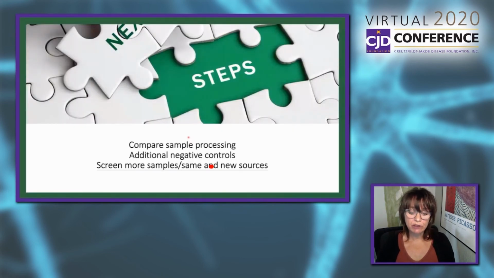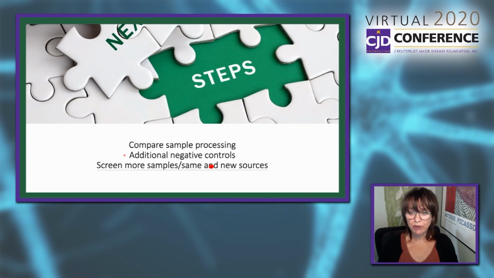So where are we today? One of the things that we really wanted to do is compare sample processing. So we process samples in our laboratory, other folks process samples in their laboratory. There may be some differences in there. We just want to verify that that step is not causing us to read something that we aren't meaning to read. Additionally, we want to look at more negative control samples.